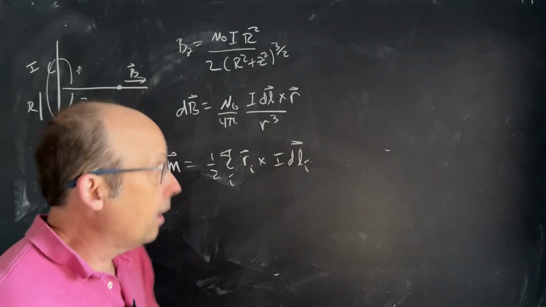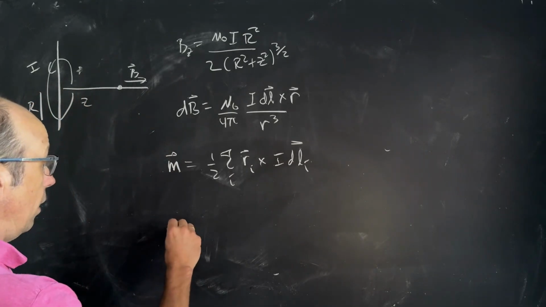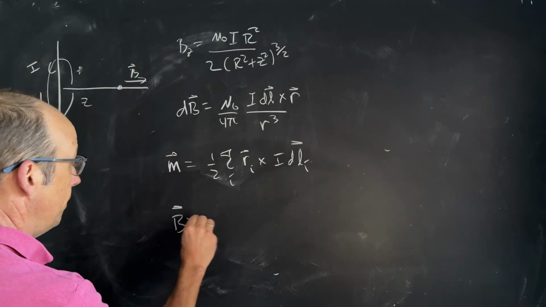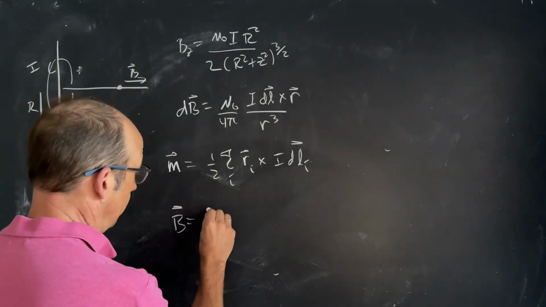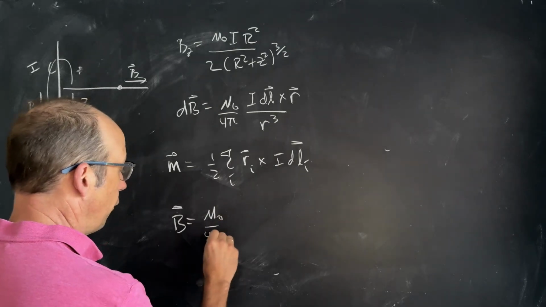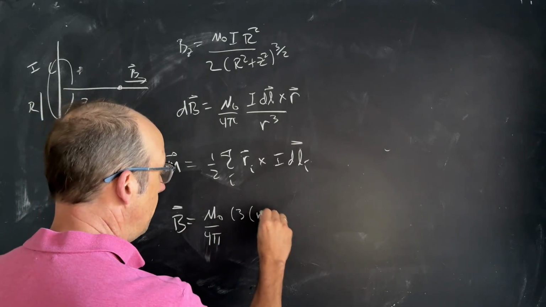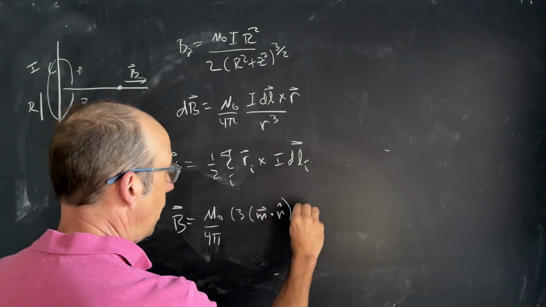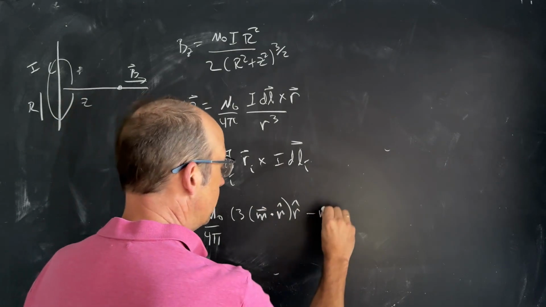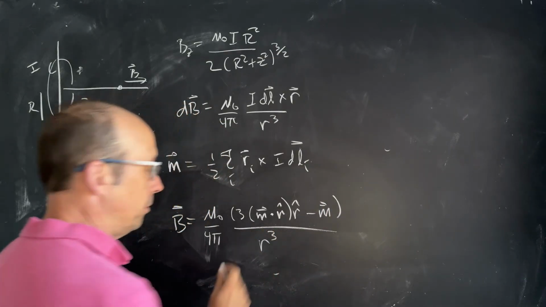Once we have that dipole moment, we can calculate the magnetic field using M, and this looks just like the electric field due to a dipole, except it's magnetic. Mu naught over 4 pi, 3 times M dot R hat times R hat minus M, all of that over R cubed.